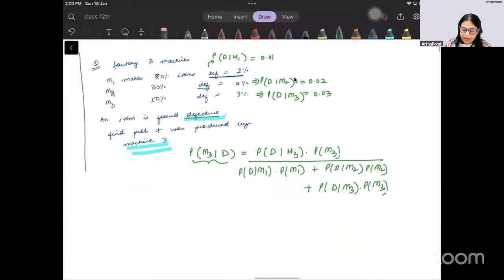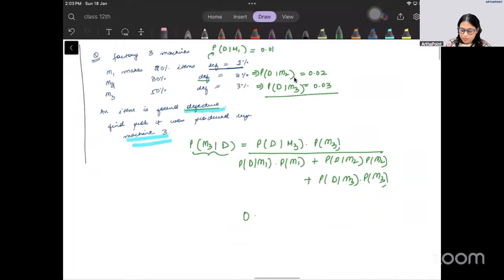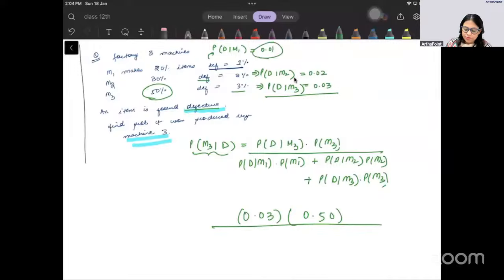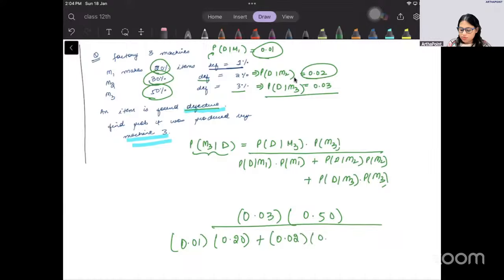So D given M3 into M3, and D given M1 into M1, 20%, 0.20. D given M2 into M2, 30%. D given M3 into M3. Just solve this.